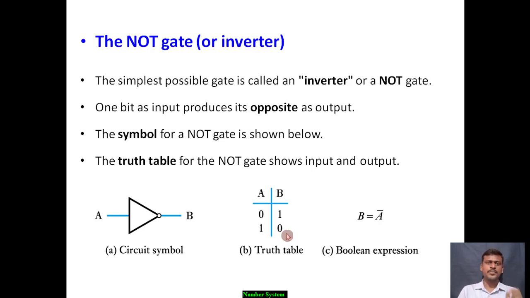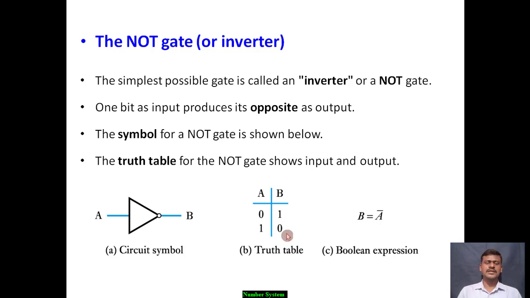That is, if you provide 0 as input, it will give 1 as output. If you provide 1 as input, it will give 0 as output. So this is something like one's complement, right? Complementing of a value. So this is how the NOT gate can be used.